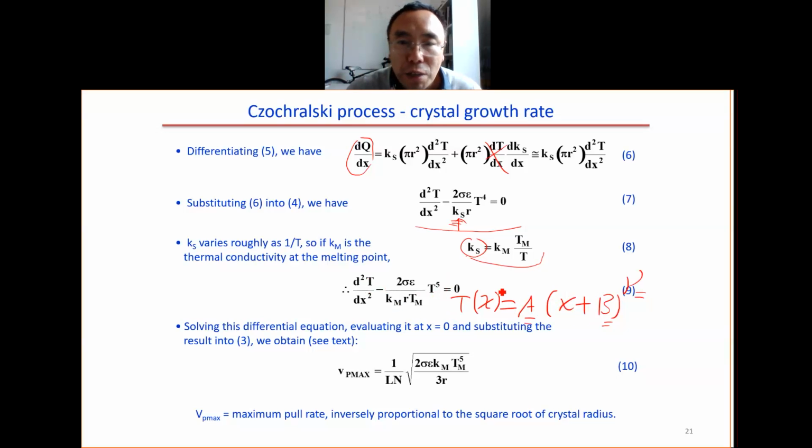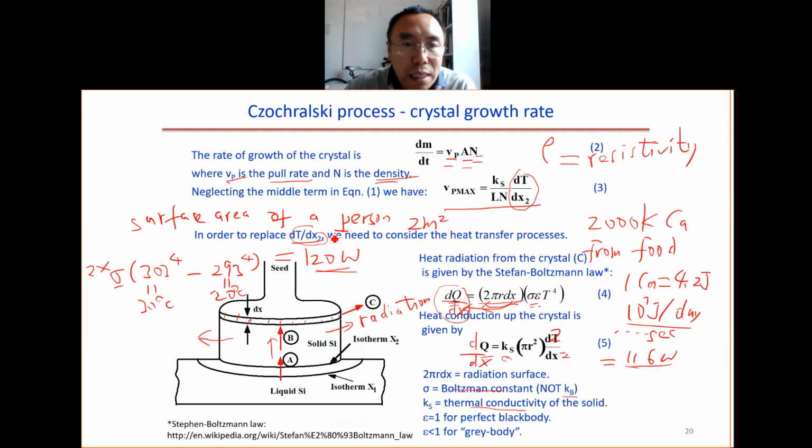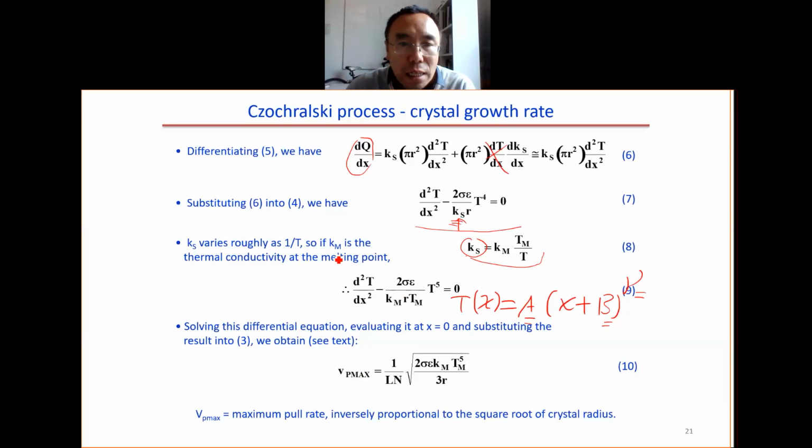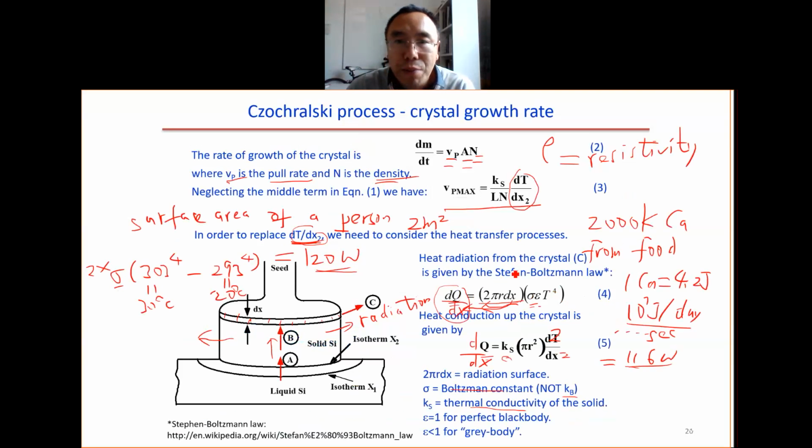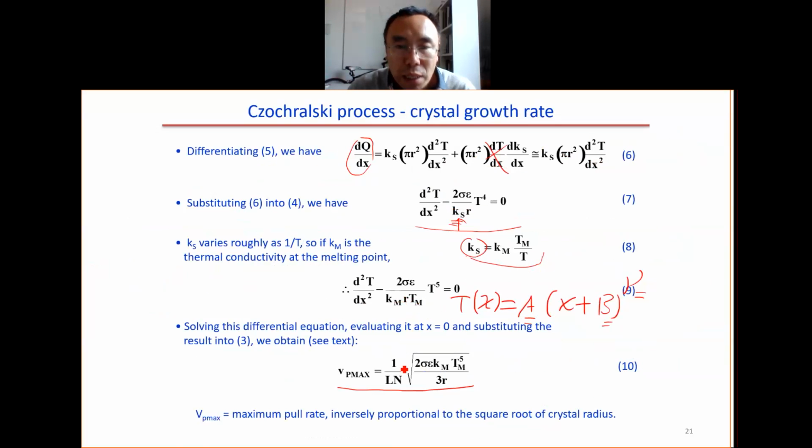Then you can find out T(x). When you know T(x), you can figure out dT over dx. Then you get the maximum pulling rate, because the maximum pulling rate is given by dT over dx here. In the end, it is given by this formula.